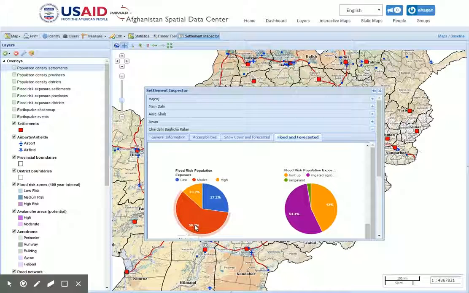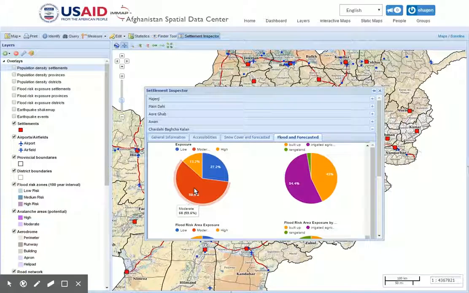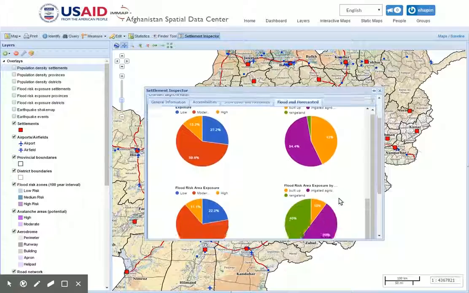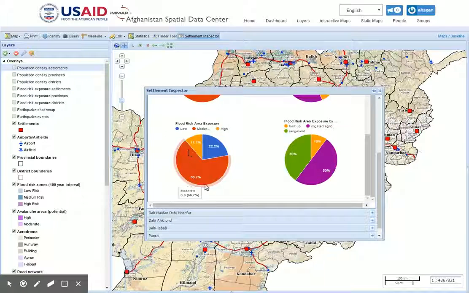We can see the breakdown of flood risk exposure. About 60% live within moderate flood risk areas, 27%, 31 persons live in low forecasted risk areas. Built-up areas, almost half of the village built-up areas lie within flood zones. And then we have a further breakdown of statistics.